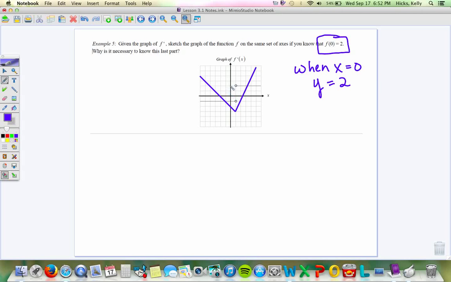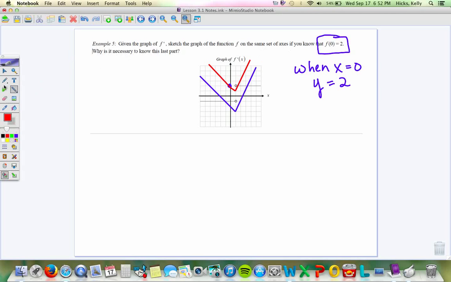That means that we're going to have a point right here. So we need the exact same shape graph, but this time we need to double check that it goes through this point right here. Let's see if I can graph this. Kind of messed it up right there, but I think you get the gist of it.